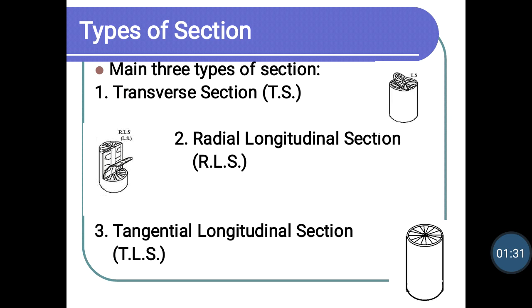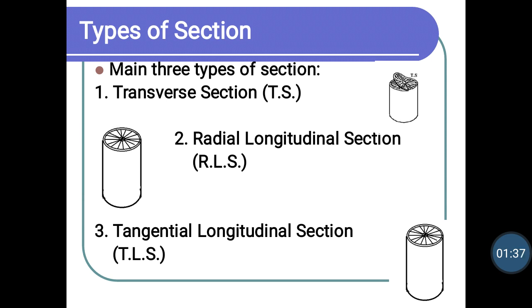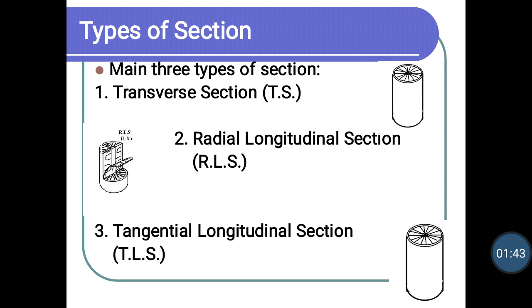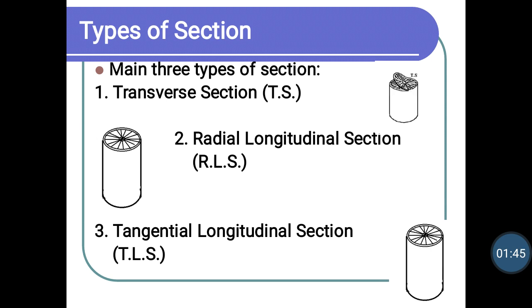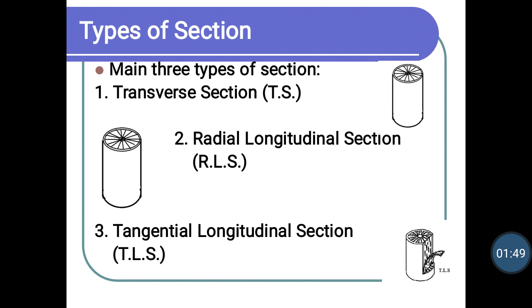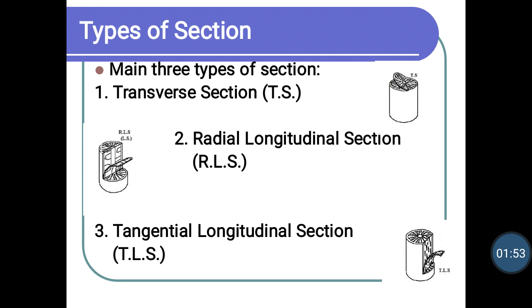Second one is radial longitudinal section, denoted as RLS. When a section is cut parallel to the long axis and it passes through the radius of the axis, for example stem of plant, then it is radial section or radial longitudinal section.